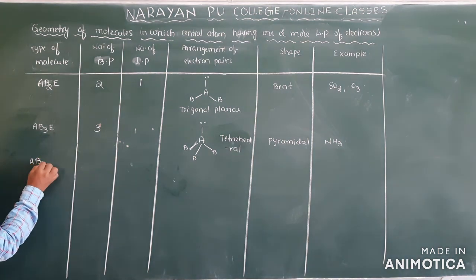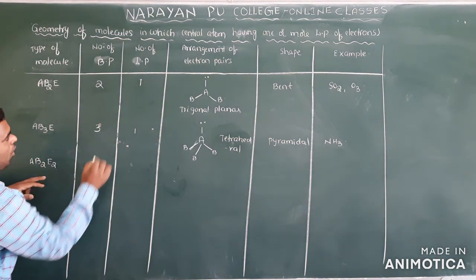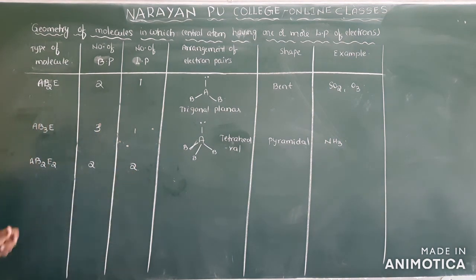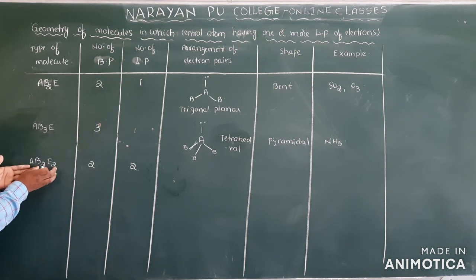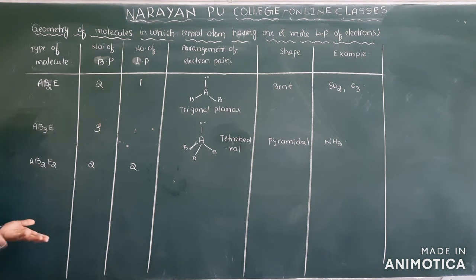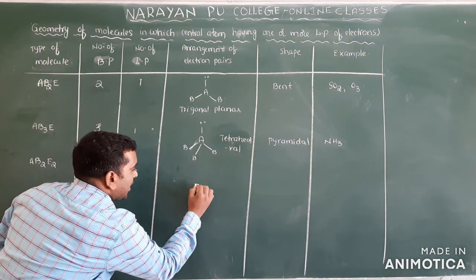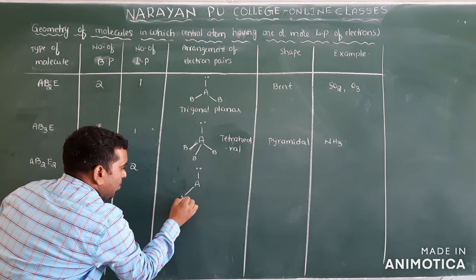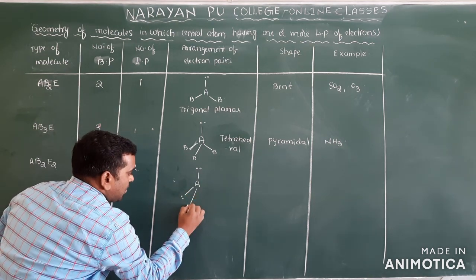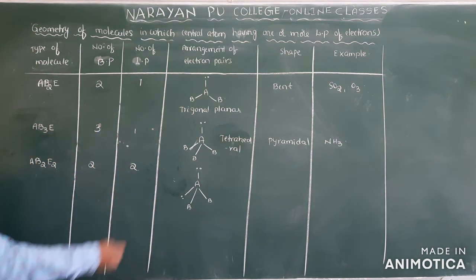The next one is AB2E2. AB2E2 means two bond pairs and two lone pairs. You know the total number of pairs of electrons is 4, so the geometry should be tetrahedral. So here I write A, and here one lone pair and another lone pair, and here B and B. What is the geometry here?